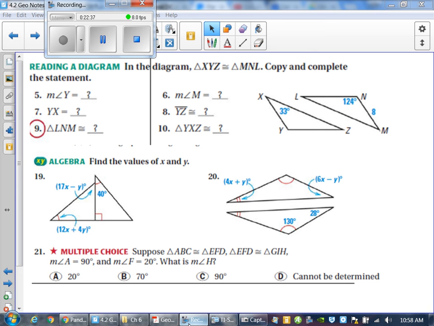It's just rewriting the statement. It's not talking about an angle. So it's labeling the triangle. Oh, you said X, Y, Z. Follow the letters. Follow the letters.